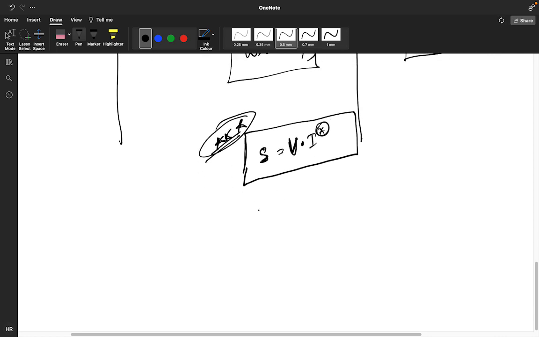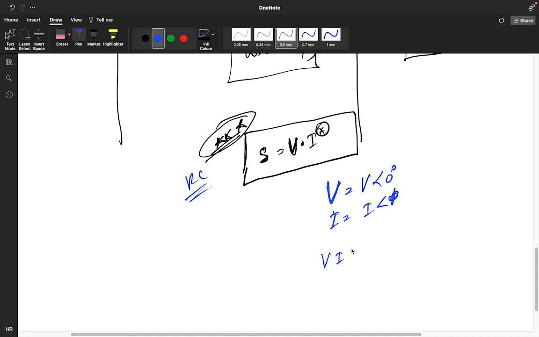Suppose you are having a voltage V at an angle 0 degree, and for an RC network I am saying you have a current I equal to I at an angle phi. If you do not conjugate, what will you get?